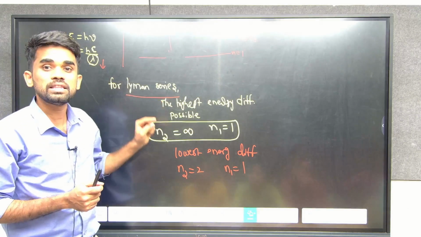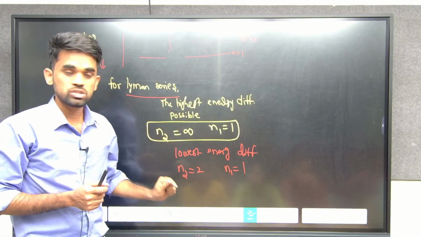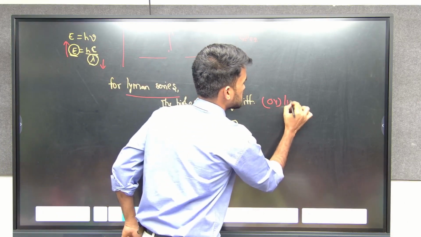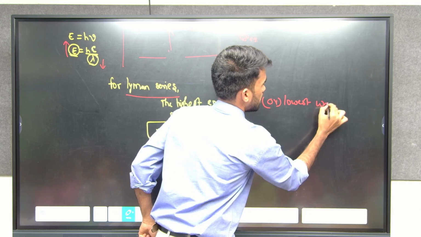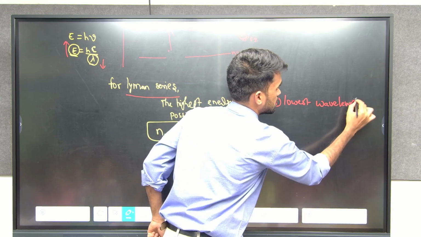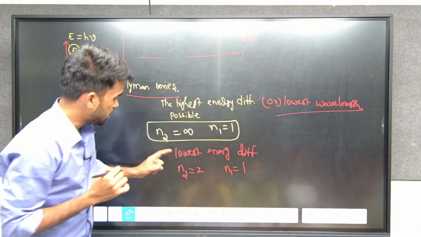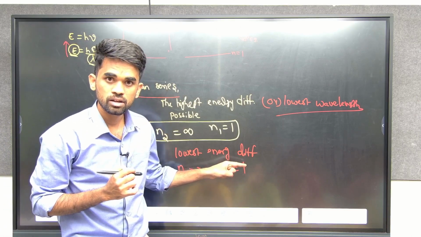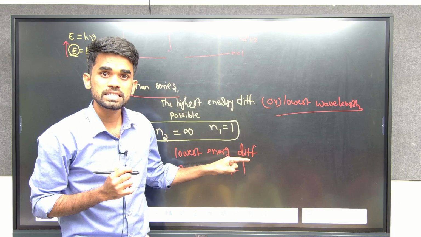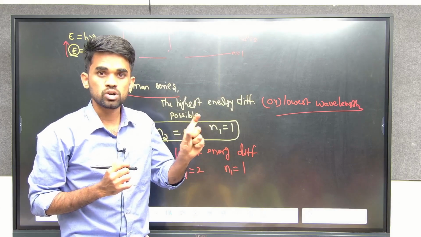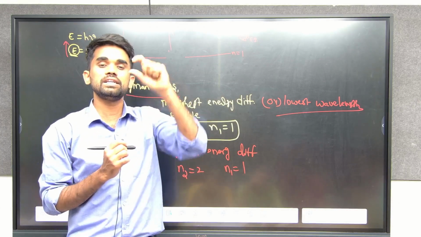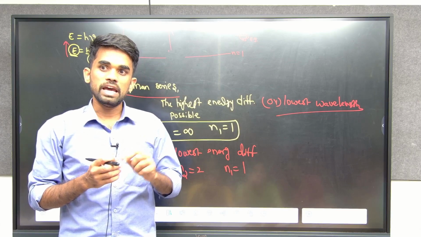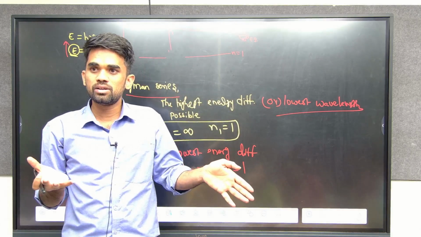Highest energy means wavelength lowest. So this is, I can say, highest energy or lowest wavelength. Is this clear, everyone? Here I am asking lowest energy difference or highest wavelength. So for Lyman series, highest wavelength will be seen from where to where transition? N1 must be 1 only, N2 will be 2, that's it.